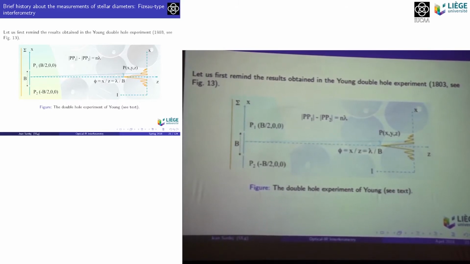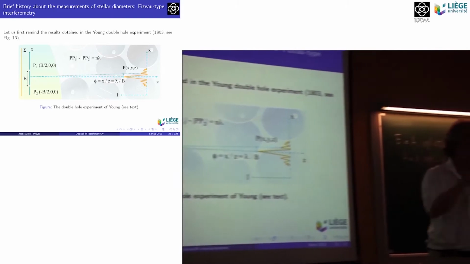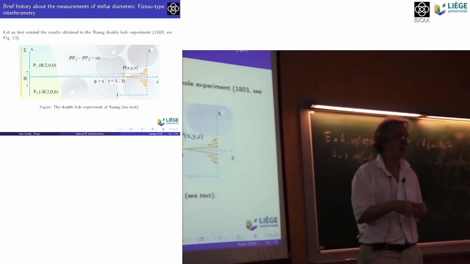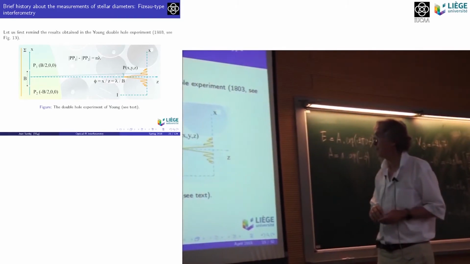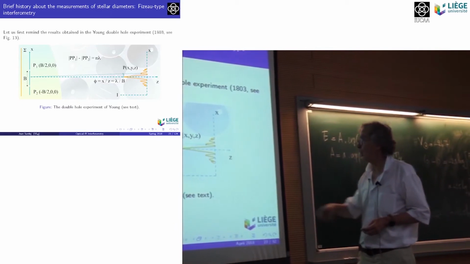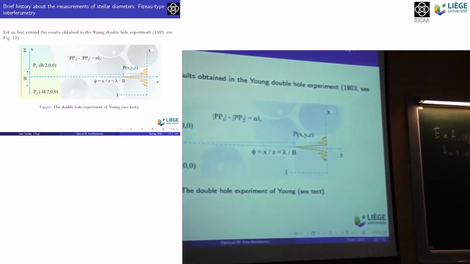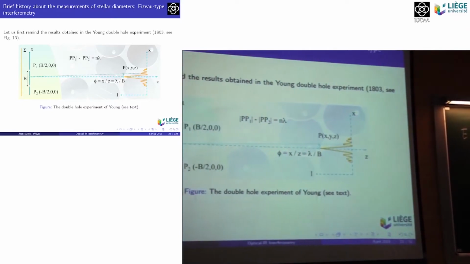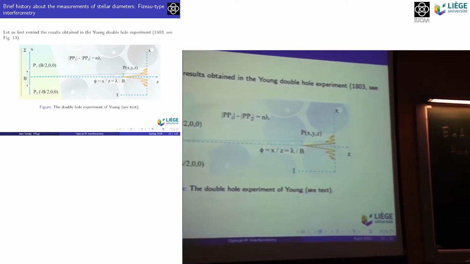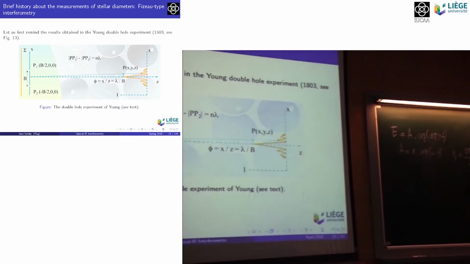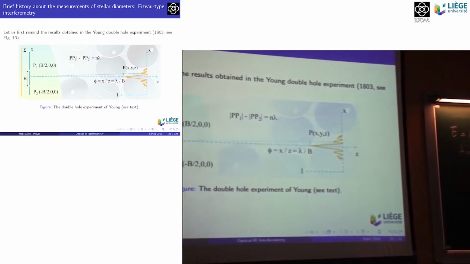And whenever it will be an odd number of half wavelengths, it will be destruction. So what we should do is estimate this quantity. What is the difference between the module of PP1 minus module of PP2?